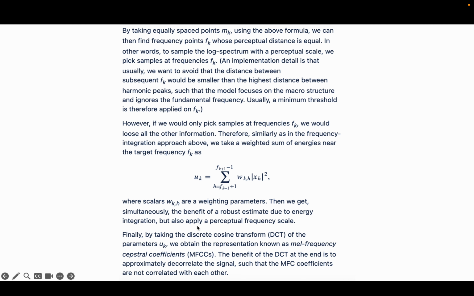And then what's commonly done is you take the discrete cosine transform. Now this is different from the discrete Fourier transform, and MATLAB has an algorithm that will do this for you.